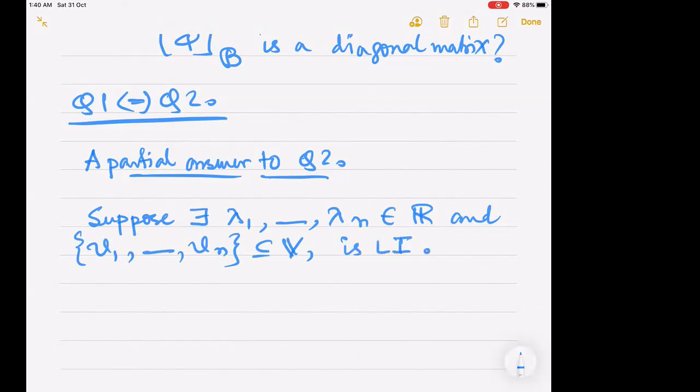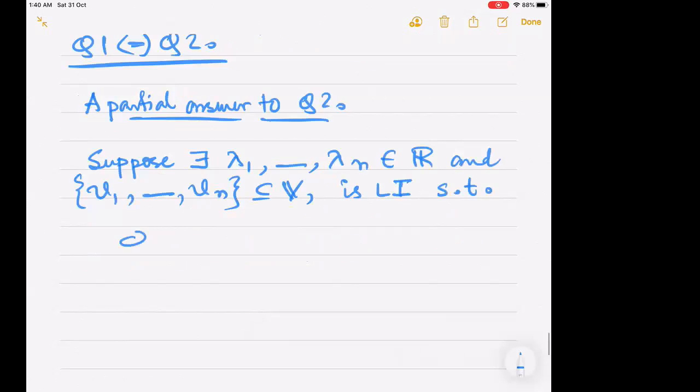So these are non-zero, distinct vectors, and moreover linearly independent, with the property that this operator phi's action on Vi produces lambda i times Vi. Suppose this is my basis, because it's linearly independent.